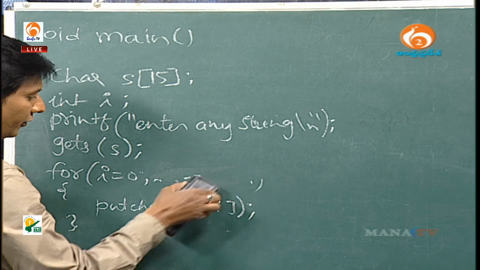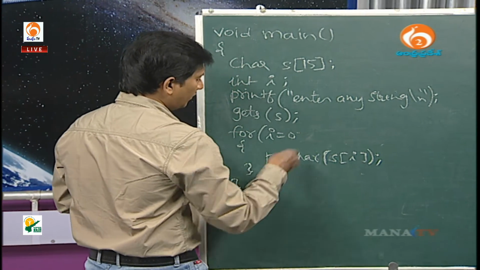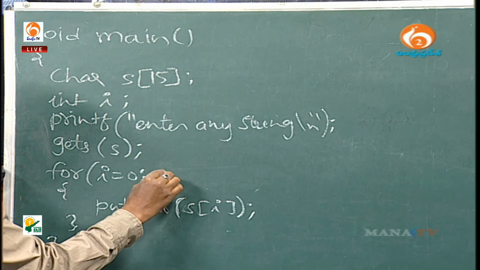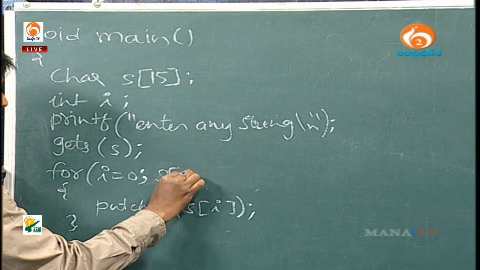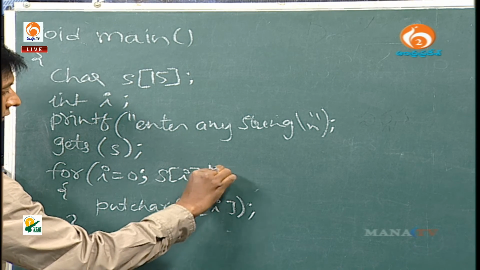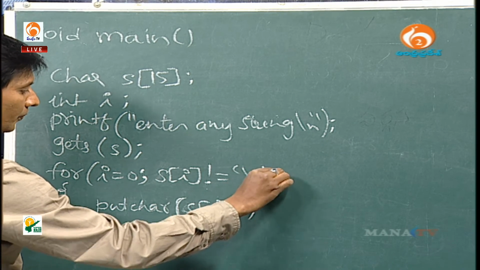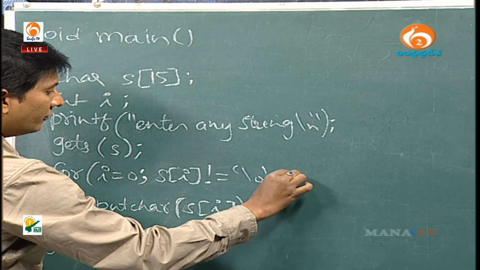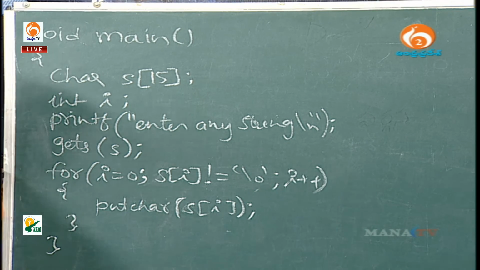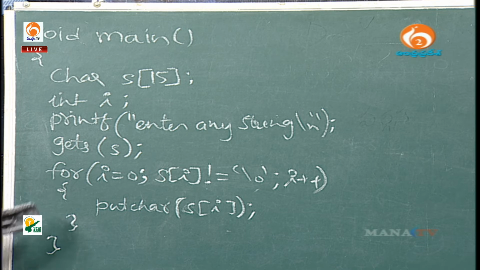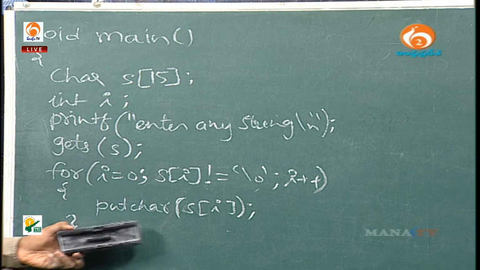If you do not know the size here, we can go for another way, that is s of i is not equal to \0. This is the best way for strings. This is the logic without using the printf function: putchar.